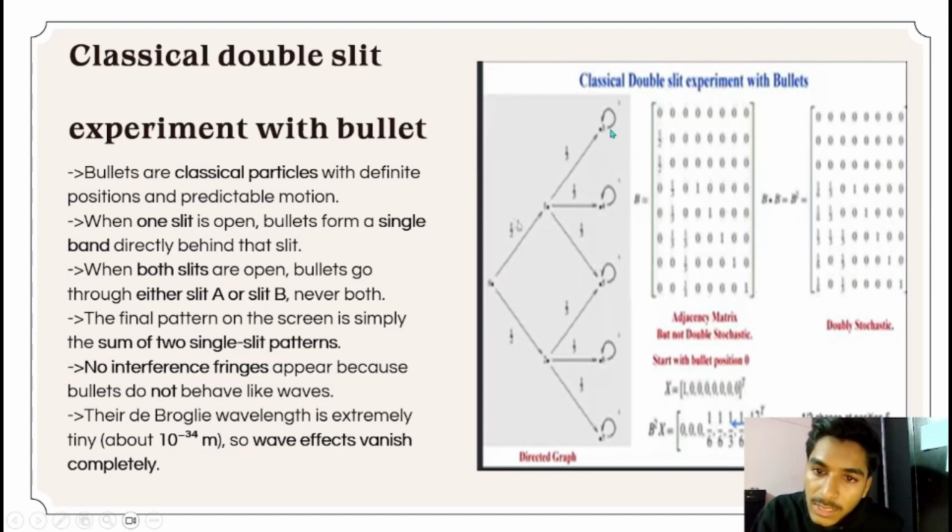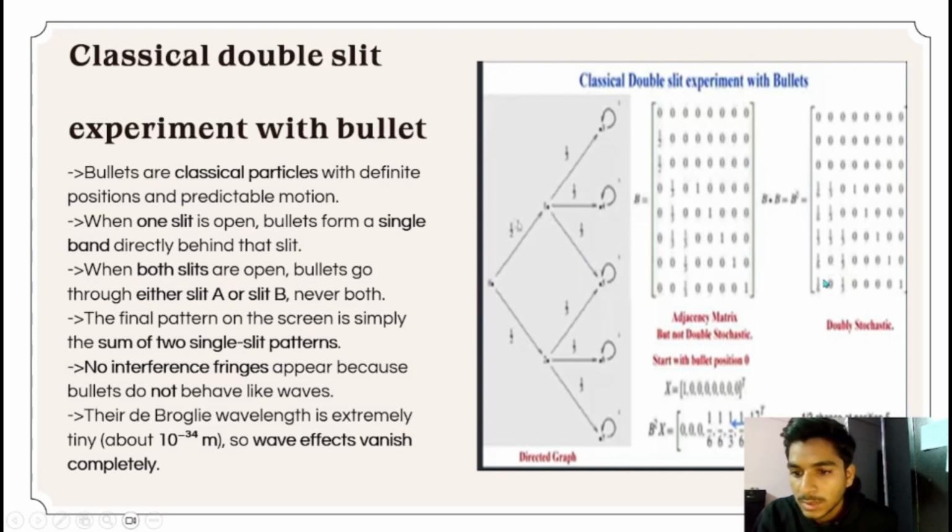Now from 3 to 3 we take 1 because it goes from 3 to 3. That's why we have taken 1 as its probability. The adjacency matrix helps us represent the graph as a matrix.